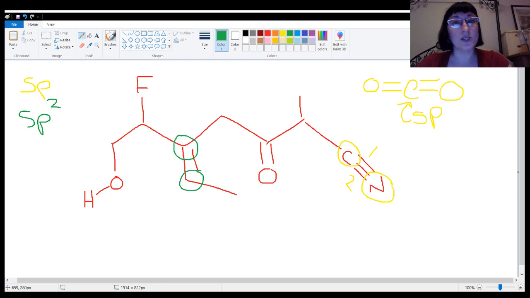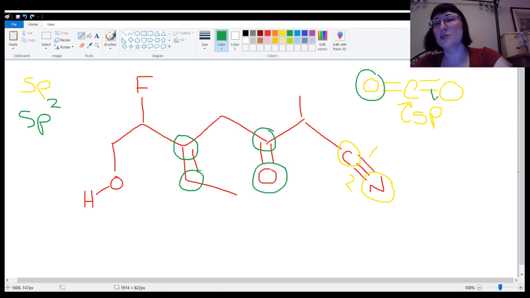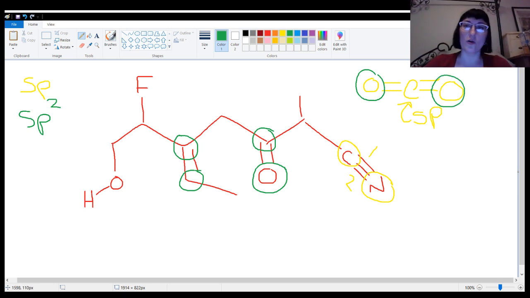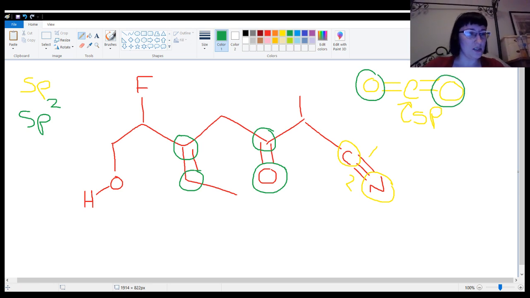This carbon has 1 pi bond. This carbon, that oxygen, also these oxygens on the other molecule that I happen to draw in the corner. Let me make sure you can see those molecules I'm drawing. Okay, good. So hopefully you got that far with me and you see what I'm talking about.